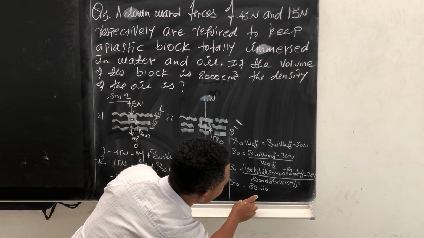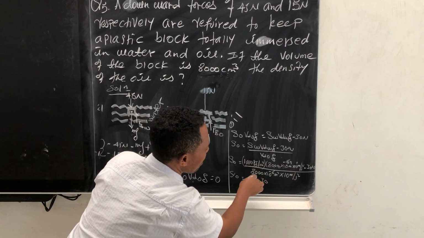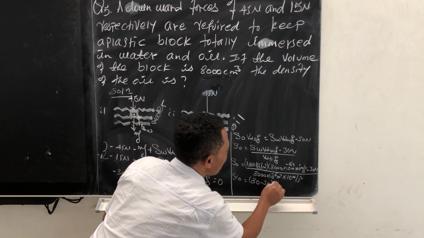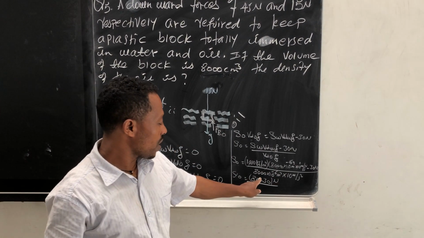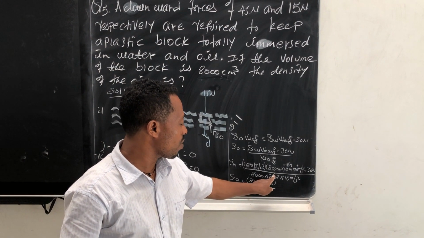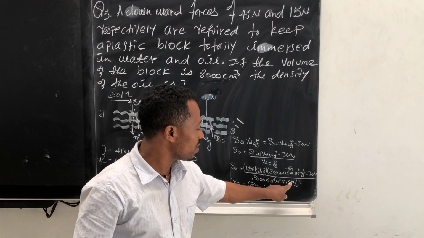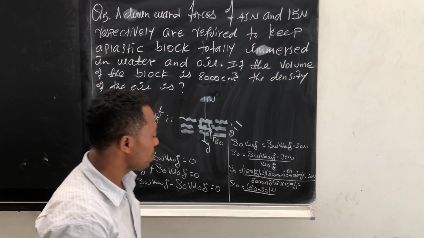And don't forget, cubic meter by cubic meter cancels, and then it becomes 80 minus 30 Newton over 8 times 10 to the power of negative 3 times 10 to the power of 1, which becomes 8 times 10 to the power of negative 2.